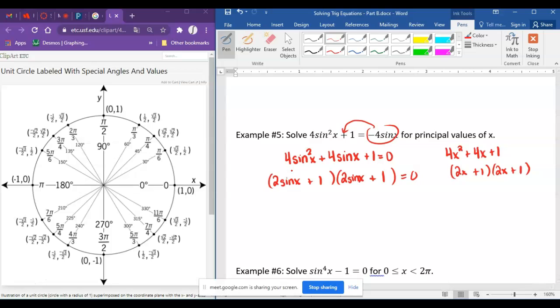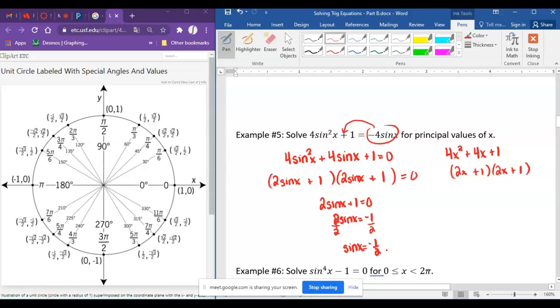Since these two are exactly the same, I could set them both equal to 0, but I'm just going to do this once. 2 sine x plus 1 equals 0, so 2 sine x equals negative 1, and I'll divide by 2. So sine of x is going to equal negative 1/2.